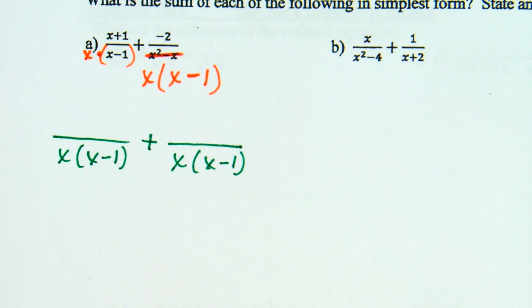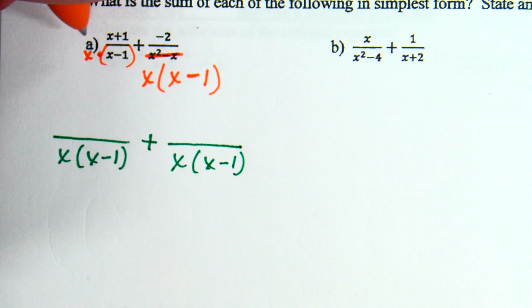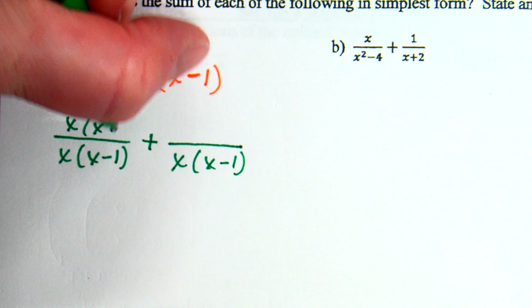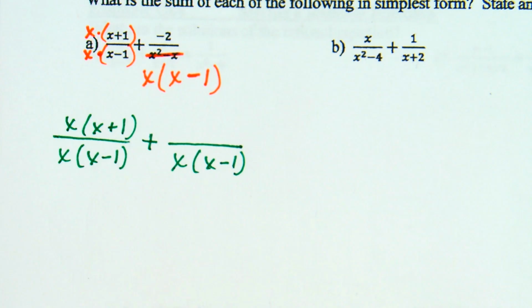What you do to a denominator, you do to the numerator. So if I'm going to multiply the denominator of this problem by x, that means I'm multiplying the numerator by x. And so that means on top, I'm going to have x times x plus 1.